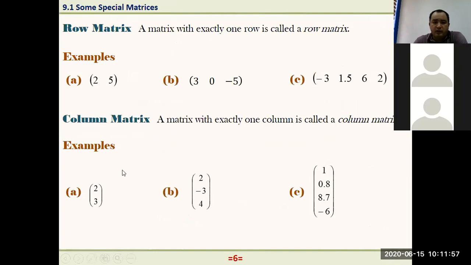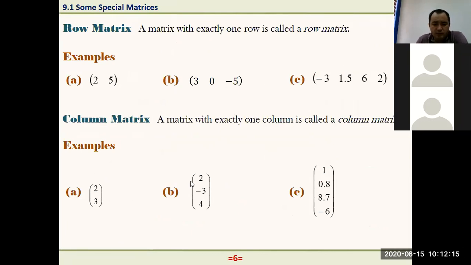All right, continue. Row matrices, we have already studied this: a matrix which has only 1 row is called a row matrix. These are examples for row matrices. And how about column matrix? A matrix which has only 1 column is called a column matrix.